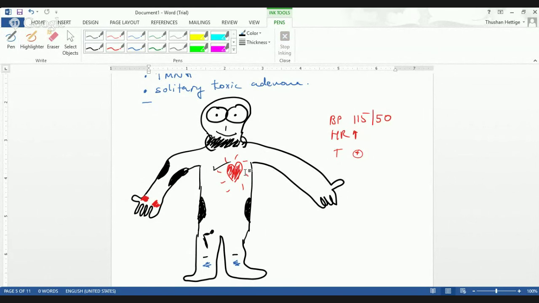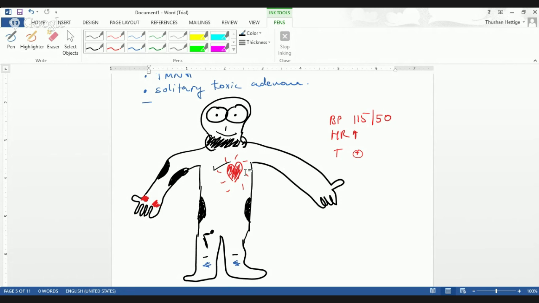His fever, he's tachycardic, it's really bad. And then you hear an S3 on your heart. Why would you hear an S3? Have you heard of high output cardiac failure?